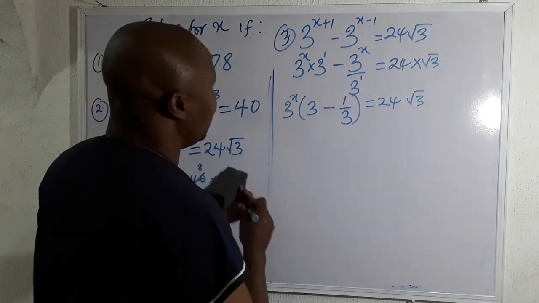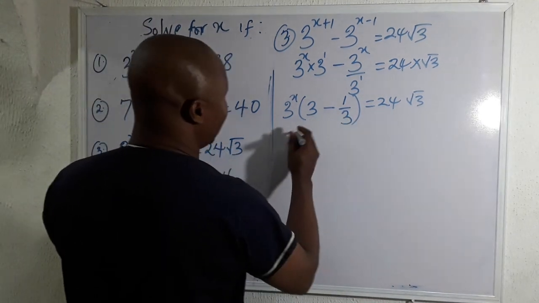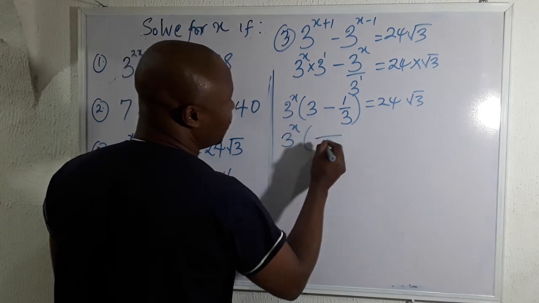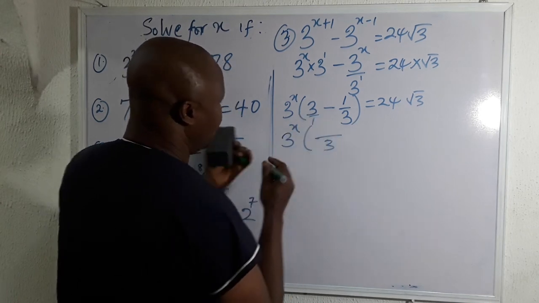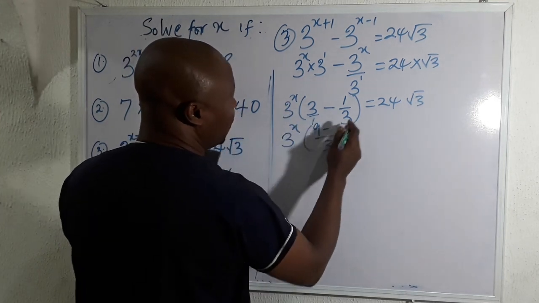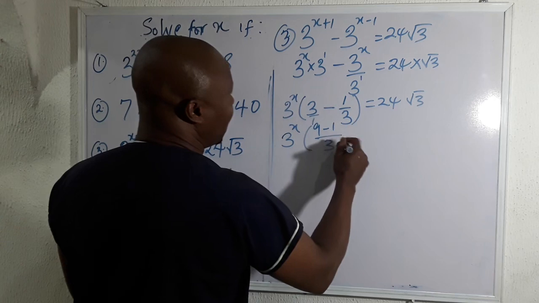So now we do our little mathematics here. This is 3 raised to power x into, LCM is 3. 1 into 3 is 3, 3 times 3 is 9, minus 3 into 3 is 1, 1 times 1 is 1.